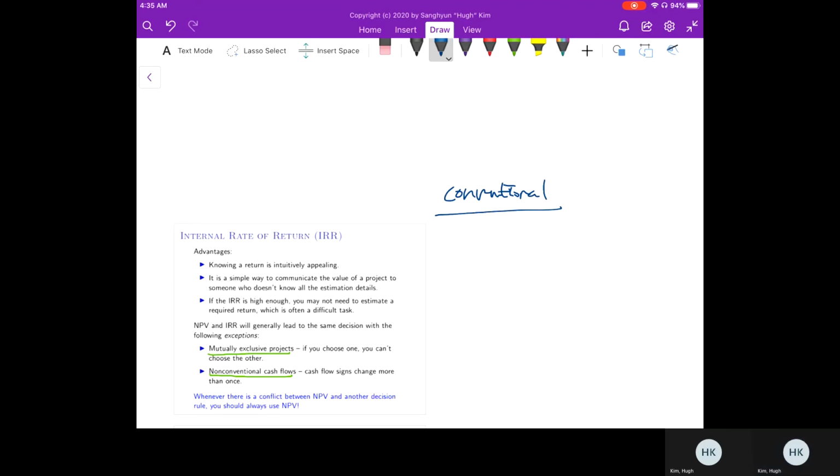Conventional cash flows typically begin with negative cash flow, which is the initial cost of the investment. And this is followed by positive cash flows. So the sign of the cash flows changes only once.